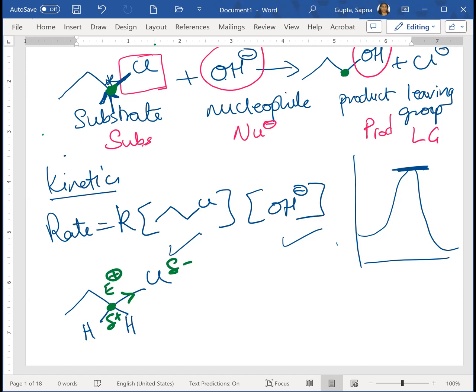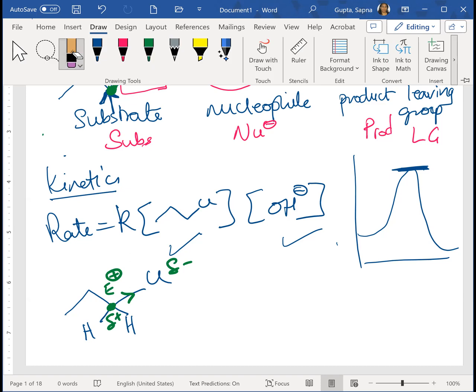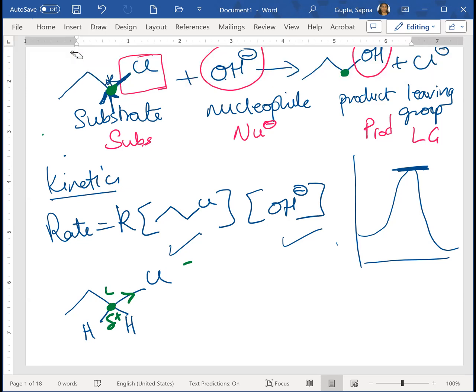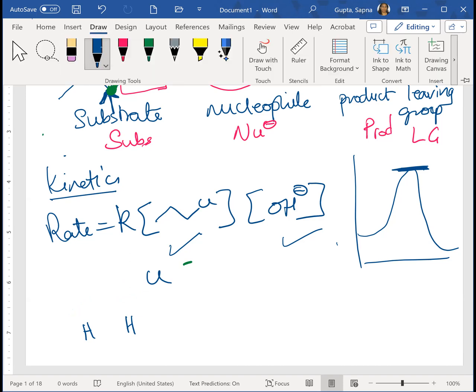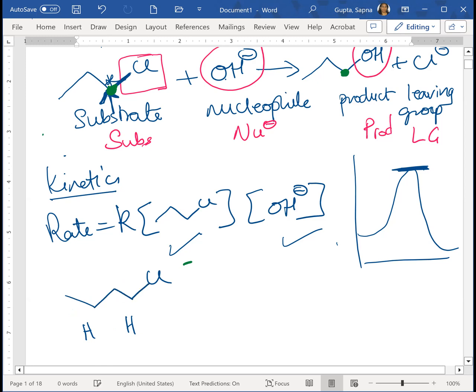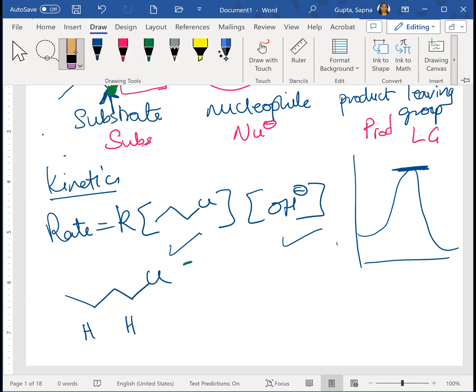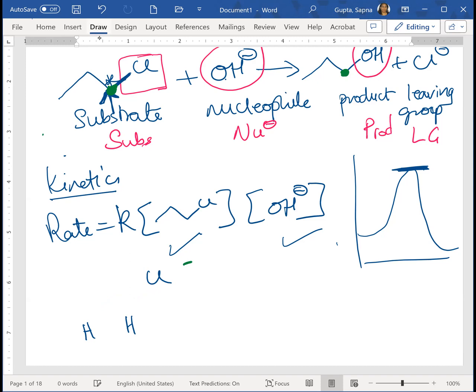I'm going to have to erase this because I need to draw some arrows. But hopefully you all understand what the electrophile is now. Over here, oops, I think I got one more carbon. There we go. All right, 3 carbons, and then you have these 2 hydrogens.